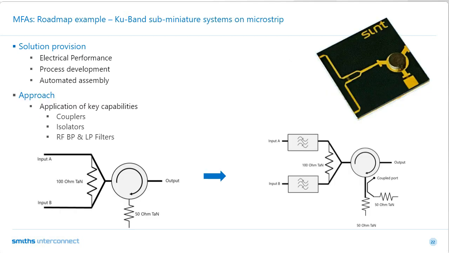Last but not least, moving from the waveguide and coaxial world and into microwave integrated circuits, we're now able to take a ferrite device and print our own circuit and also put more than one component on it.